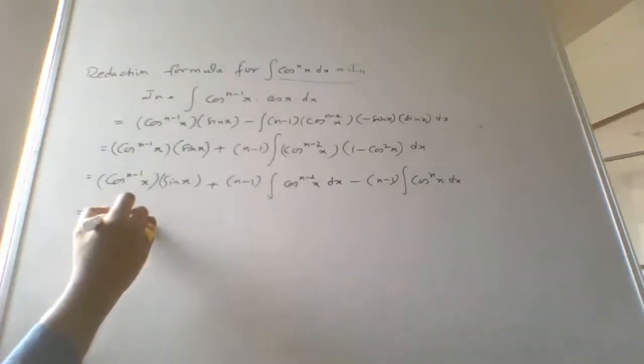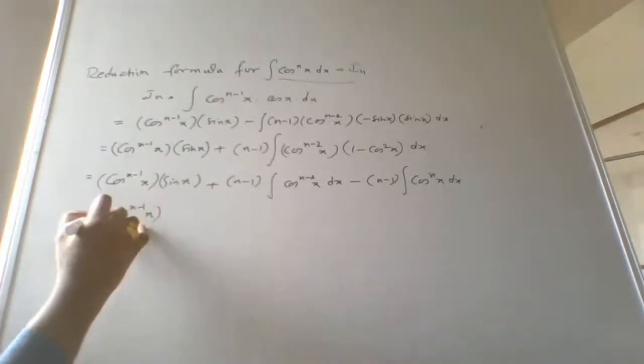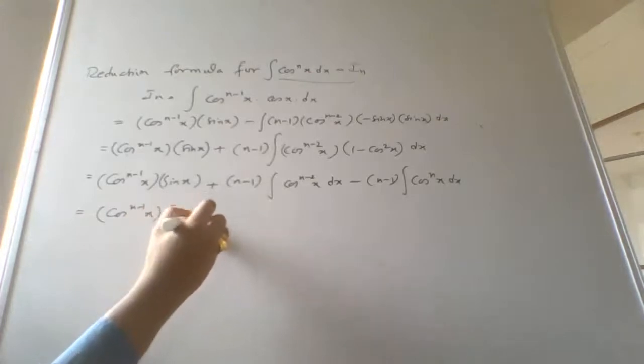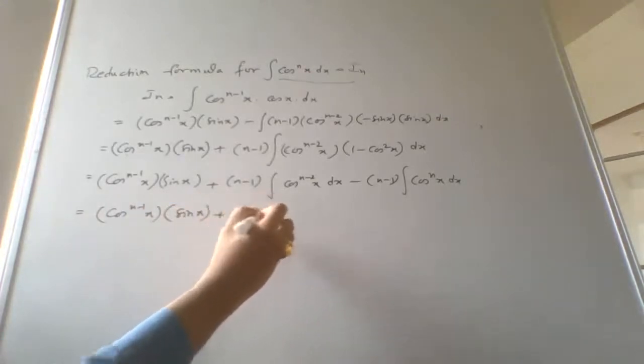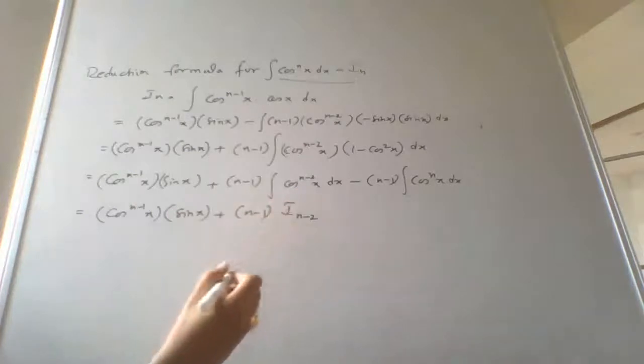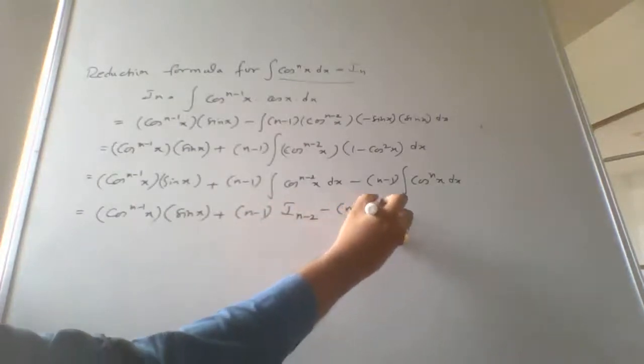So you have cos n minus 1 x into sin x plus n minus 1 I n minus 2, minus n minus 1 I n.